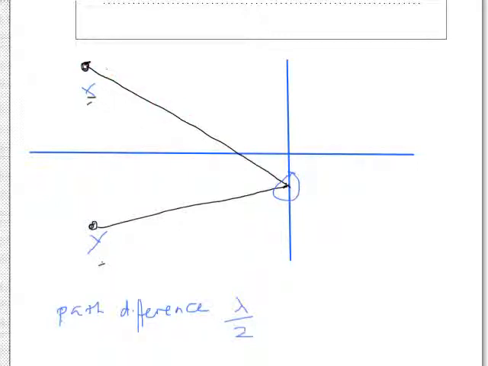So how do we prove that the path difference is lambda over 2? We need to find this length and subtract this length from it, and it's got to be either wavelength over 2 or some multiple of that, or 1.5 waves or 2.5 waves, something like that.